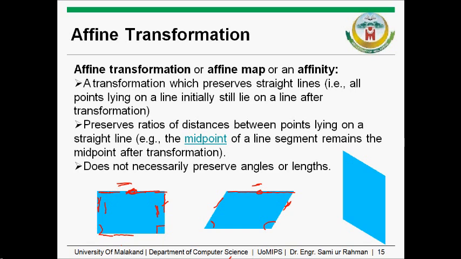Or we might say that these are two different objects, but we also need to look whether this is some rotated form of that original object. Then you cannot say that these are two different objects. This is actually the same object with some form of transformation. And we also need to look whether this is some elastic object and there has been some affine transformation caused.